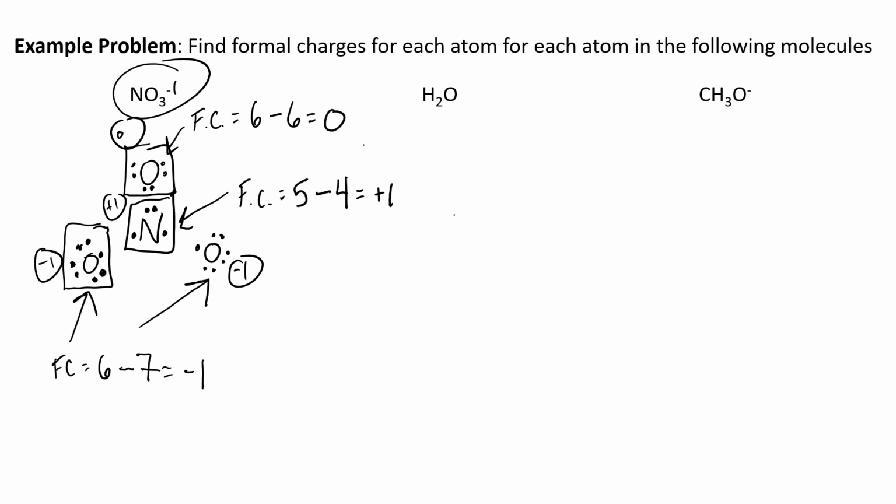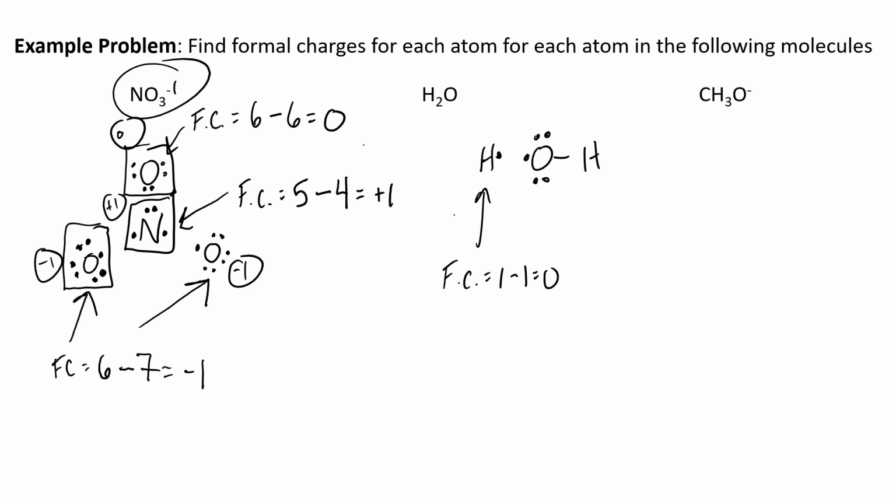Moving along to H2O, draw your Lewis structure. For hydrogen, your formal charge is going to equal group 1 minus, if we give the hydrogen 1 and the oxygen 1, so now hydrogen owns 1 electron, 0.